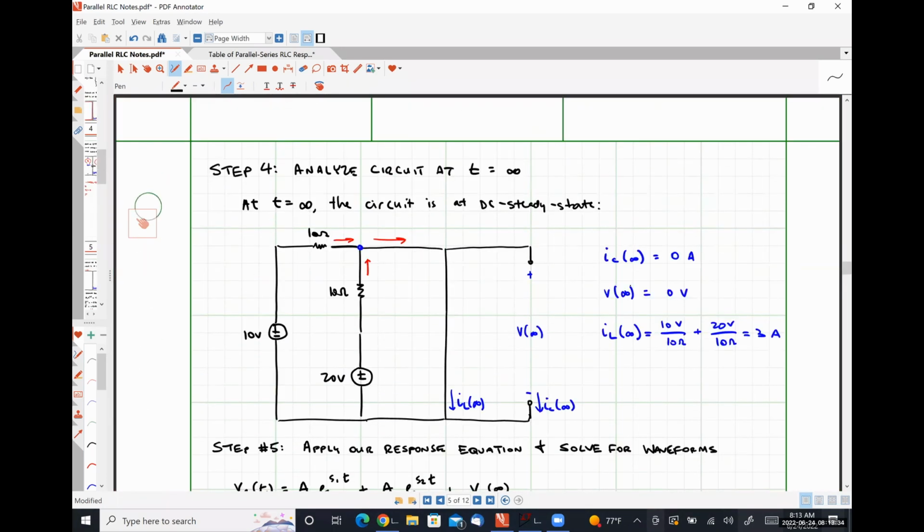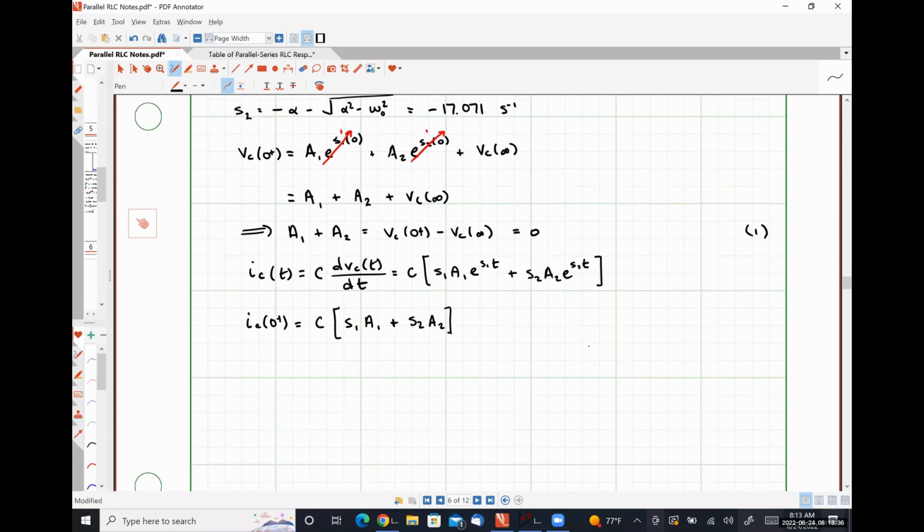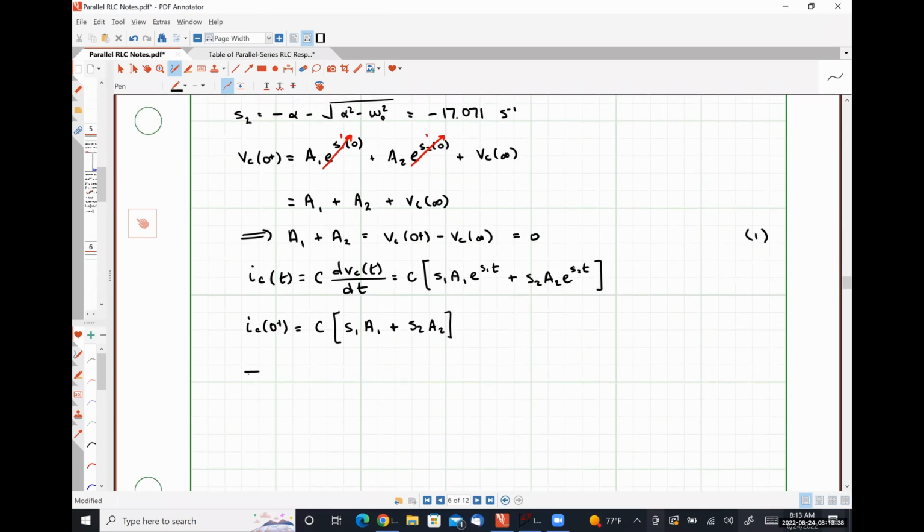So 2 amps is equal to 10 times 10 to the minus 3, which is our value for C, times S1, which was negative 2.929, I believe.